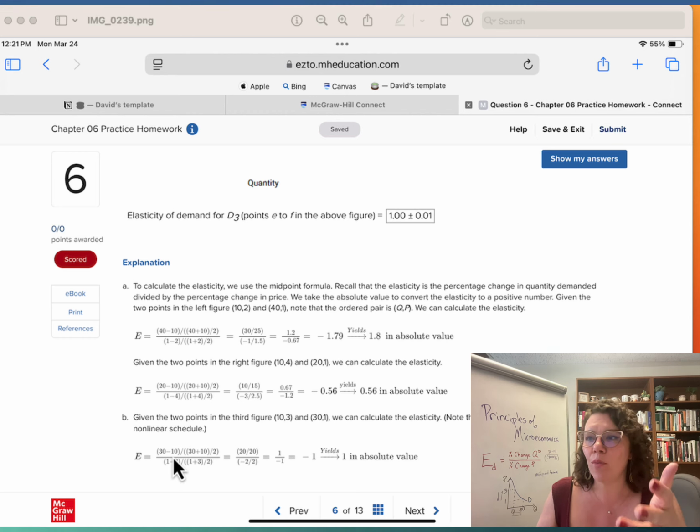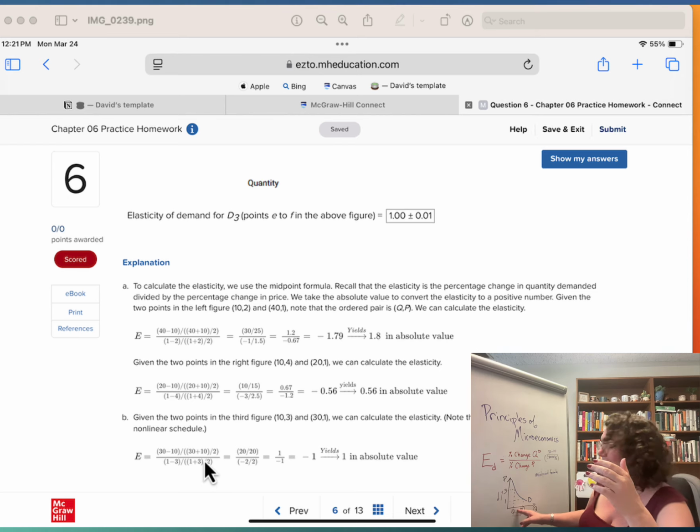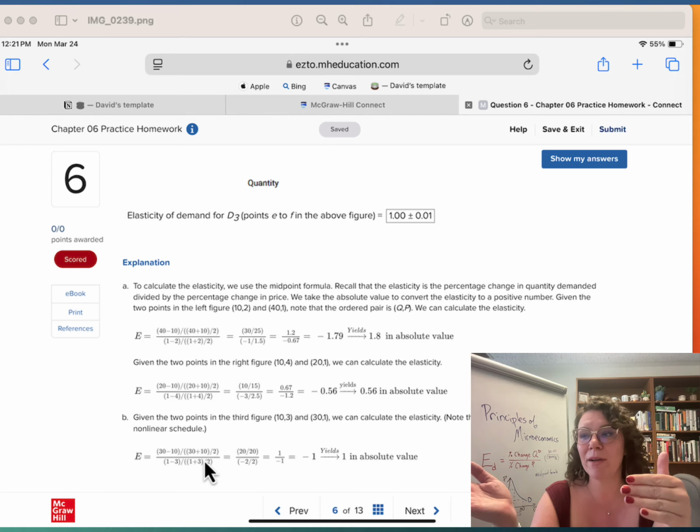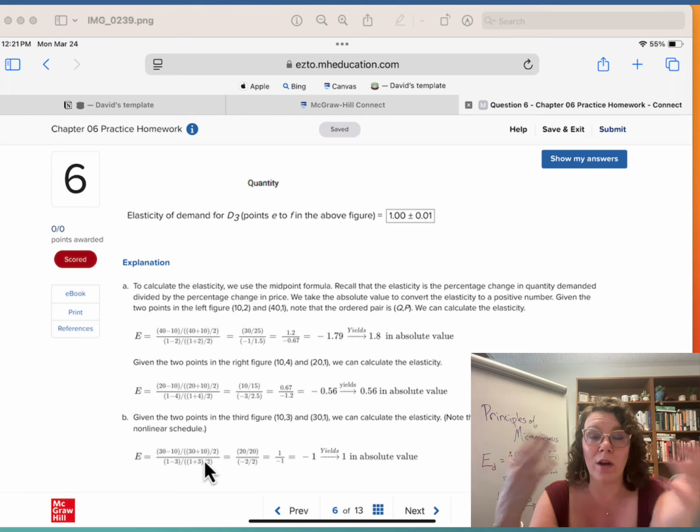And then we end up with 30 minus 10 is 20, and 30 plus 10 divided by 2, the midpoint between 10 and 30, is going to be 20, right? And so you end up with 20 divided by 20, or a percent change in quantity demanded of 1, or 100%.